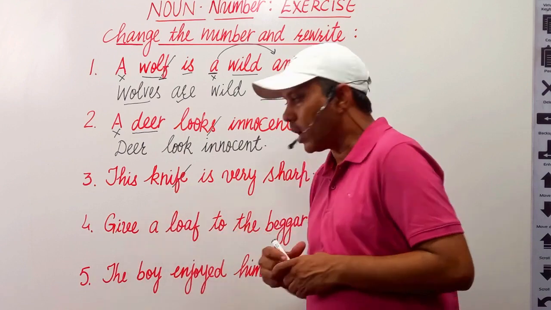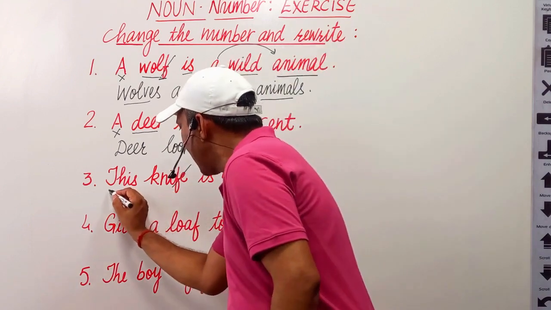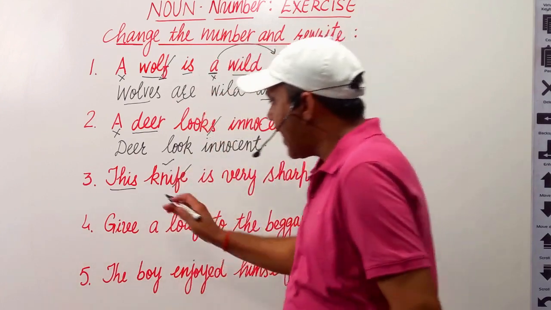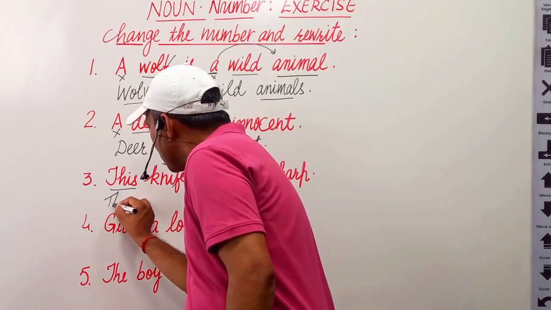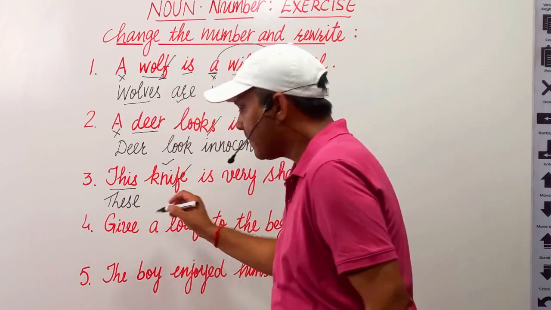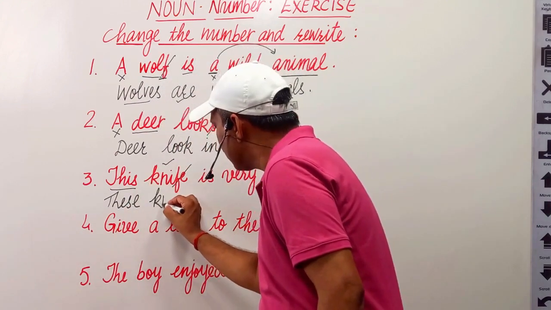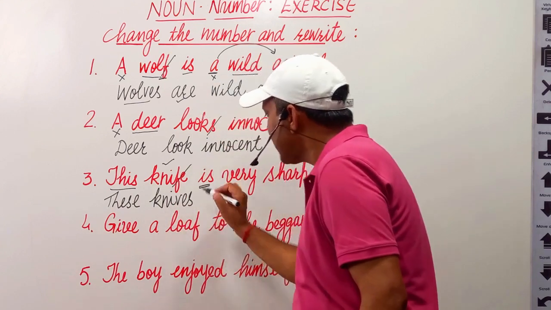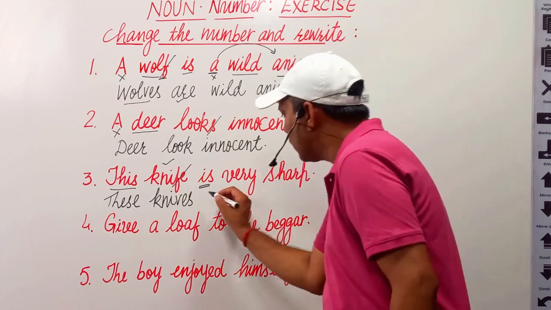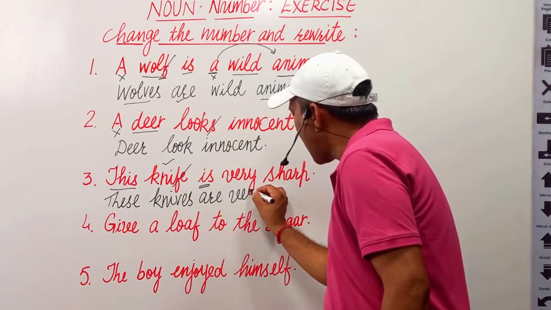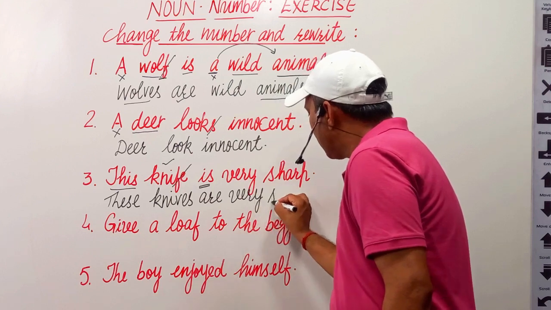For example, this is used for the singular knife and it will change into these. Make the plural of this as well: these knives, add VES. Now we have to change the verb also. These knives are very sharp.